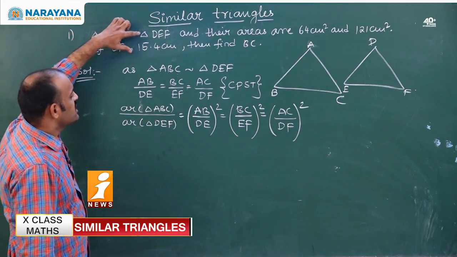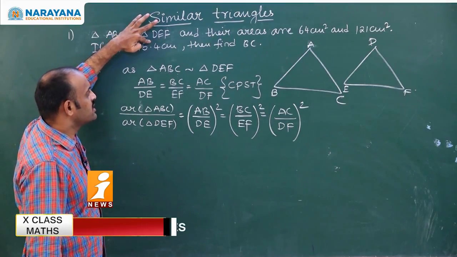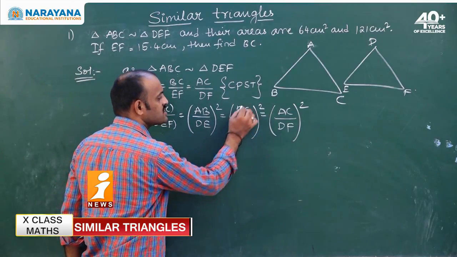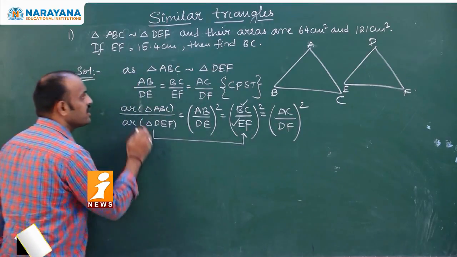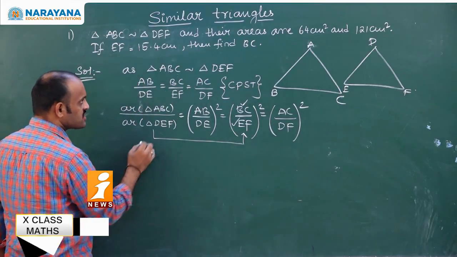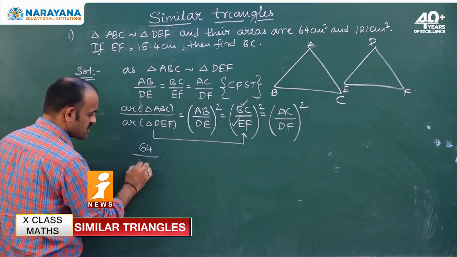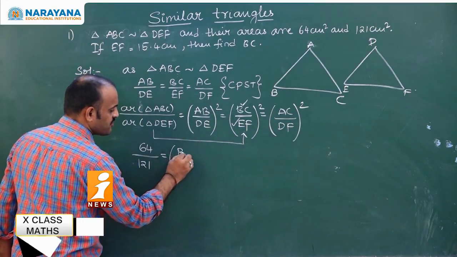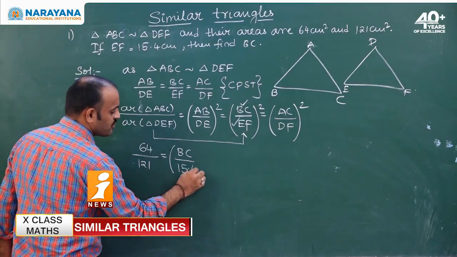Now, he has given EF value 15.4 centimeters and is asking BC. So, consider these two only. Area of triangle ABC, he has given us 64, area of triangle DEF 121, is equal to BC by EF, EF is 15.4, whole square.